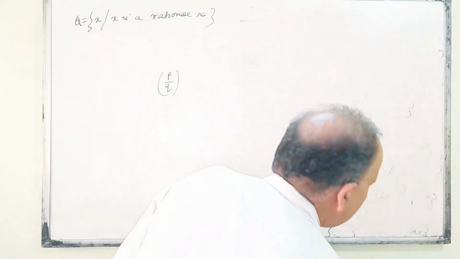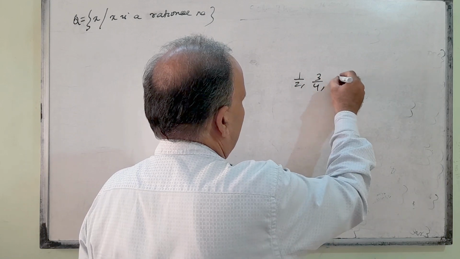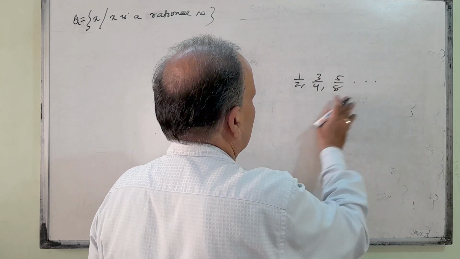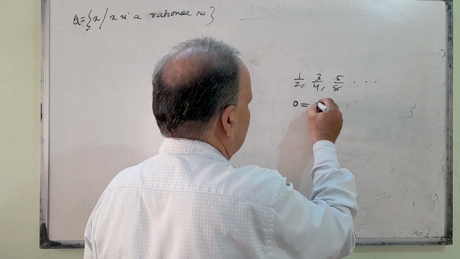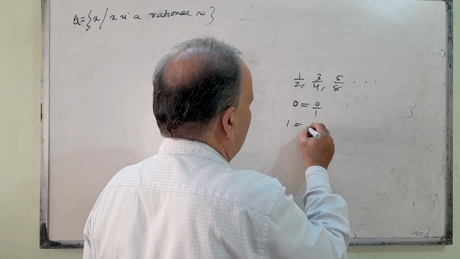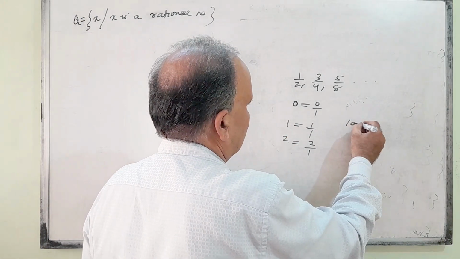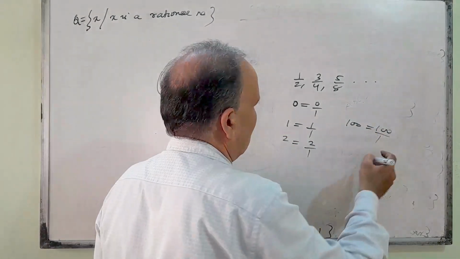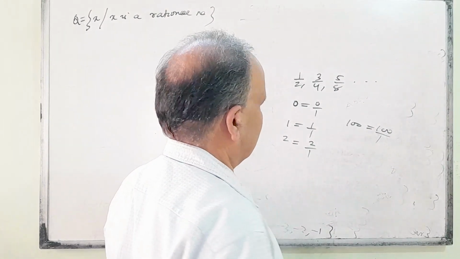Which are p by q? Like this, 1 by 2, 3 by 4, 5 by 8. Every integer is also a rational number, because you can write 0 by 1, 1 by 1, 2 by 1, 100 by 1. So all integers are included in the set of rational numbers.